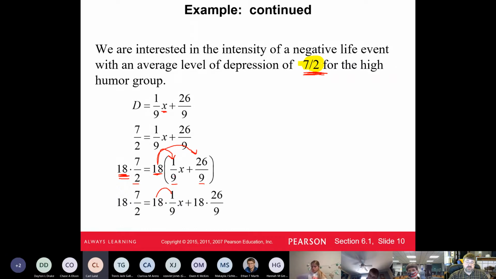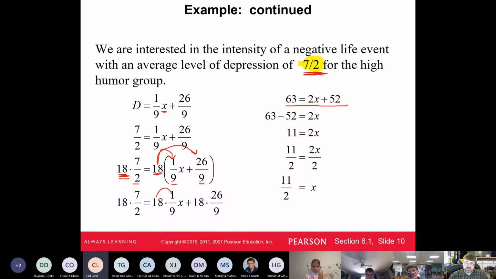Remember, when you multiply, you have to multiply every term on the side of the equation by that number. And so we get this when all the simplification is done. Because 18 times 7 is 126, and 126 divided by 2 is 63. 18 times 1 is 18, of course.